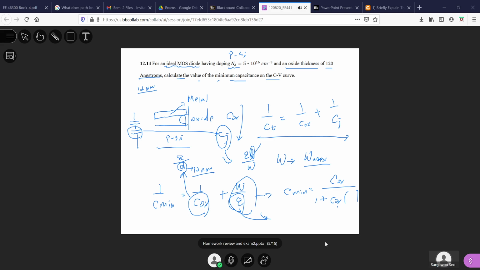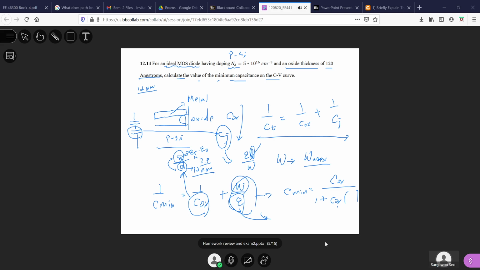Epsilon is epsilon R multiplied by epsilon 0. For the oxide, epsilon R is around 3.9, and epsilon 0 in vacuum we can use 8.85 times 10 to the minus 14. Using that we can calculate this COX.